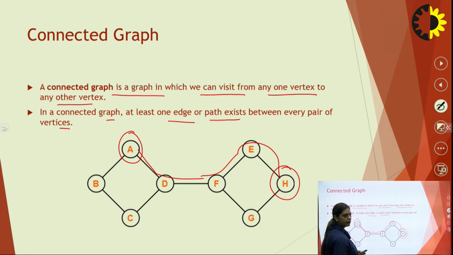Then we can reach H. That means a path exists between the A and H vertices. Now you randomly pick any two vertices and we can see that from that particular vertex we can reach the other vertex. See, from C we can reach G. From here we can go, there is a path. That means this is a connected graph.